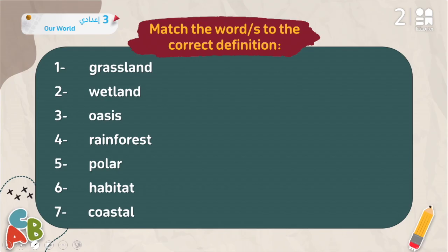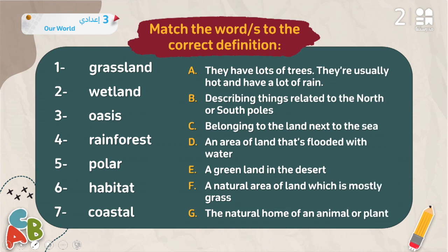Now we're going to match the word or words to the correct definition. دي مجموعة من الكلمات المفروض ان احنا نوصلها بالcorrect definition. The words that we have are grassland, wetland, oasis, rainforest, polar, habitat, and coastal. Grassland.